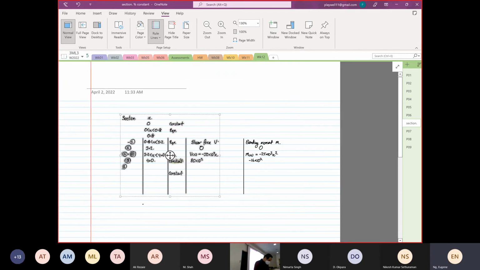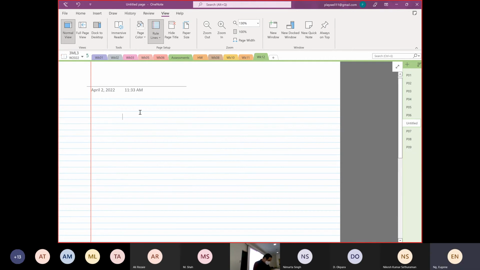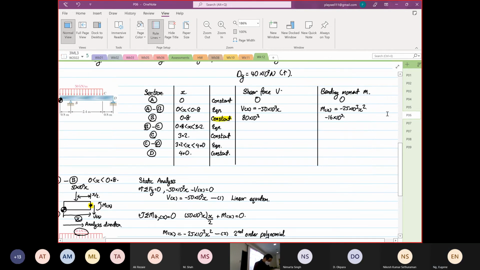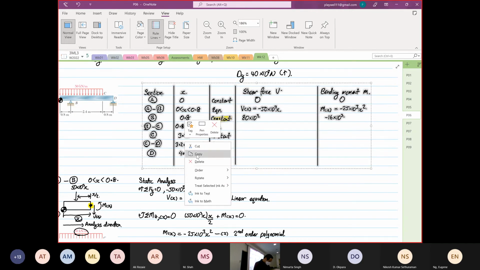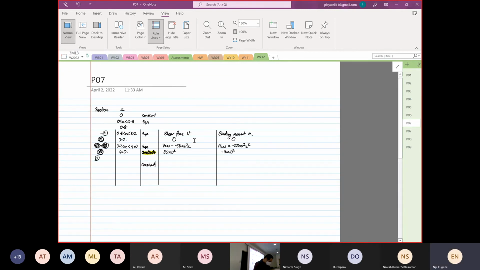Okay, so this table, come on, it did not copy the whole table. I think it's the user, not the computer. So this is P07, pardon me. Hey, stupid thing. Wait.